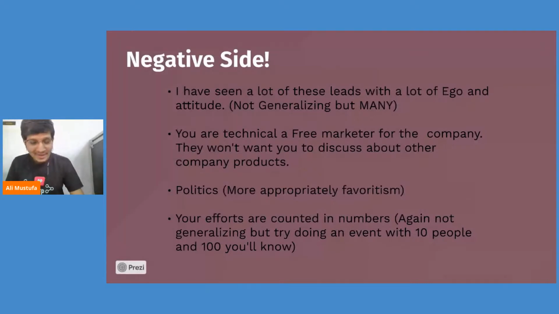Politics, or more appropriately favoritism, happens in every single program. Even though you are part of a big community, some people are favorites of the program managers, the all-time favorites. Even if they don't have an event, they make their space in such a way that they become the favorite there.